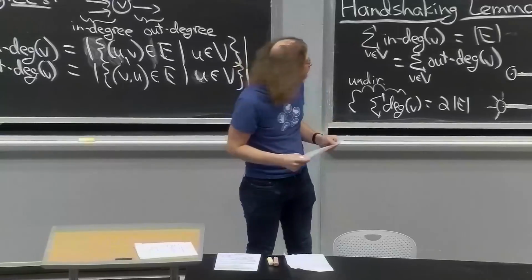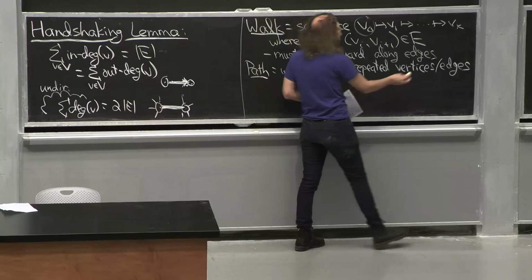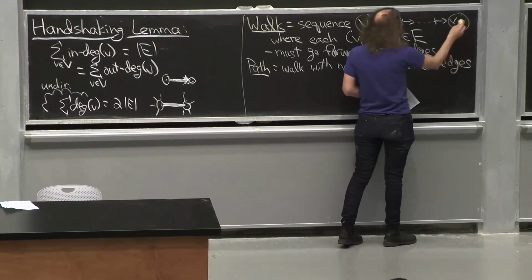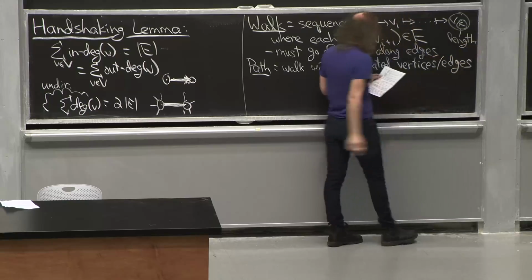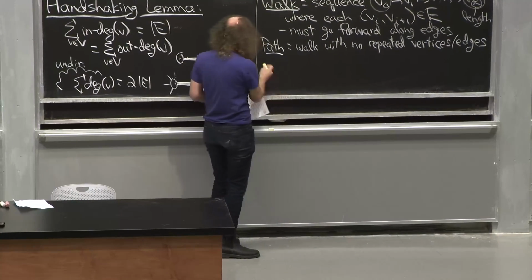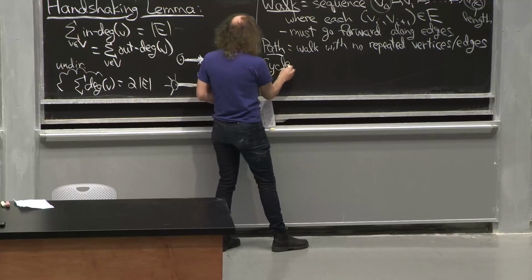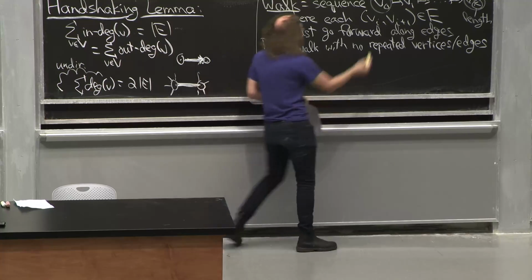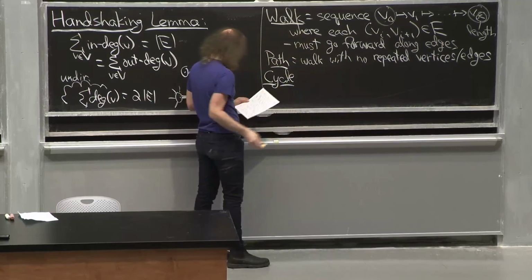OK. As before, a walk like this is from v0 to vk, and k is the length. Length always counts the number of edges, not vertices. And then we had the closed notion. There was a closed walk, and in particular a cycle. Closed meant v0 equals vk, and a cycle was essentially the closed version of a path.